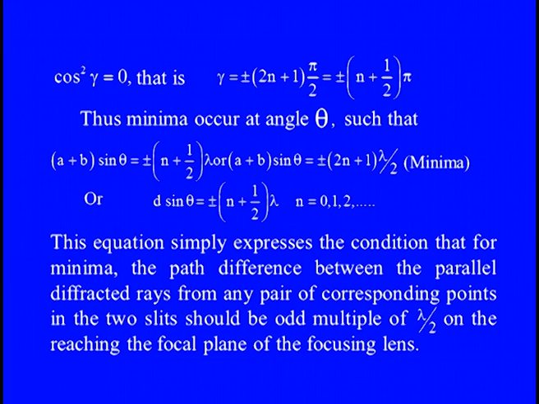This equation simply expresses the condition that for minima the path difference between the parallel diffracted rays from any pair of corresponding points in the two slits should be an odd multiple of lambda by 2 on reaching the focal plane of the focusing lens.